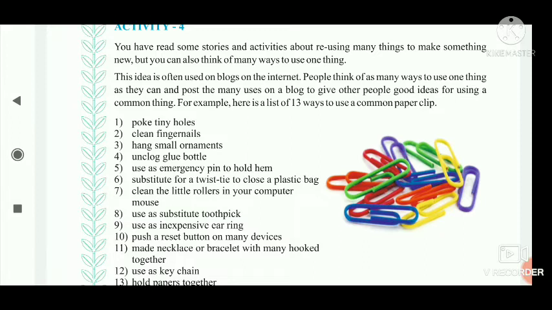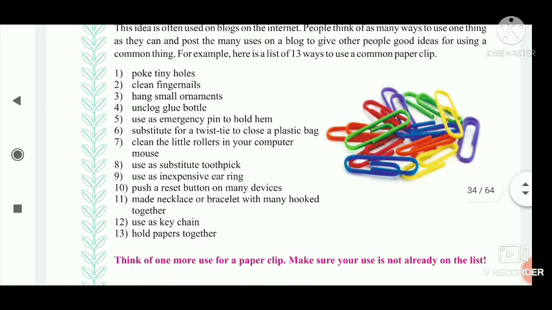Number 8, use as a substitute toothpick. Number 9, use as an inexpensive earring. Number 10, push the reset button of many devices. Number 11, make a necklace and bracelet with many hooked together. Number 12, use as a keychain. And the last one, number 13, hold paper together.